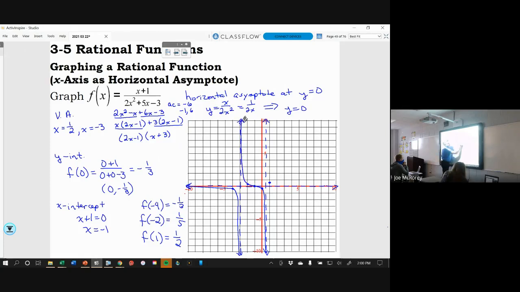And I know it can't cross a vertical asymptote. Based on this point, I can see that once we get past 1/2, the graph is confined to the first quadrant, right? So it's going to come very close. It's approaching that asymptote, and it's approaching this asymptote.